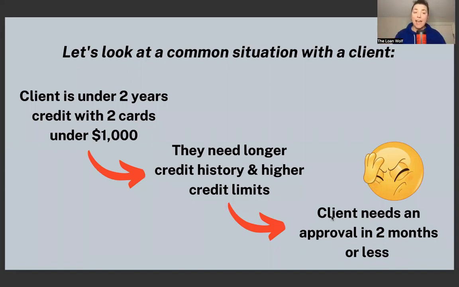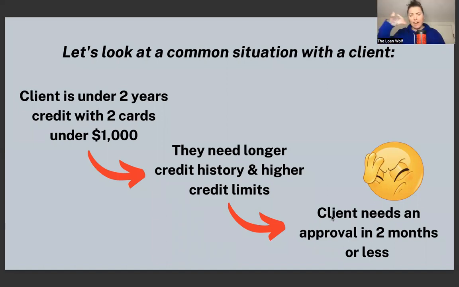I want you to imagine, and this could be you, I could be speaking about your situation currently, you have under 2 years of credit and you have two cards under $1,000, whether it's available or total credit, right? You are needing a longer credit history and a higher credit limit in order to get the job done. And I want you to imagine that you need this done in 2 months or less.